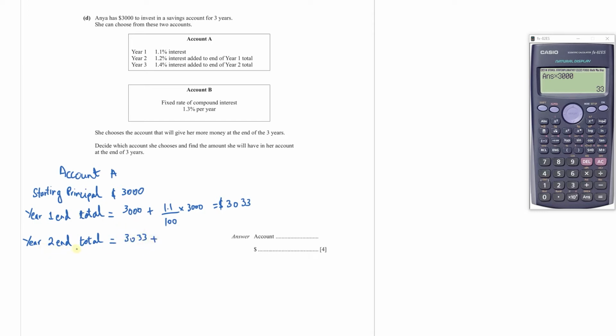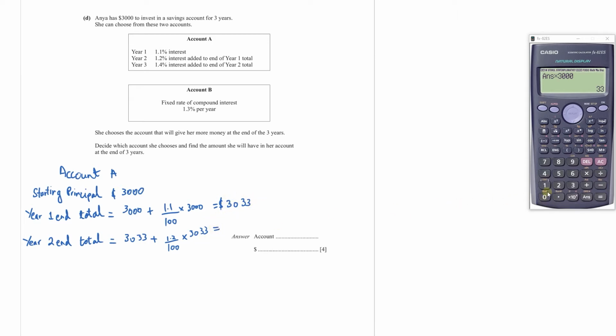And during year two, she gains an interest of 1.2%, 1.2 over 100. The interest is now calculated on the end of year one total, which is 3,033. So the interest in year two is calculated based on this value.